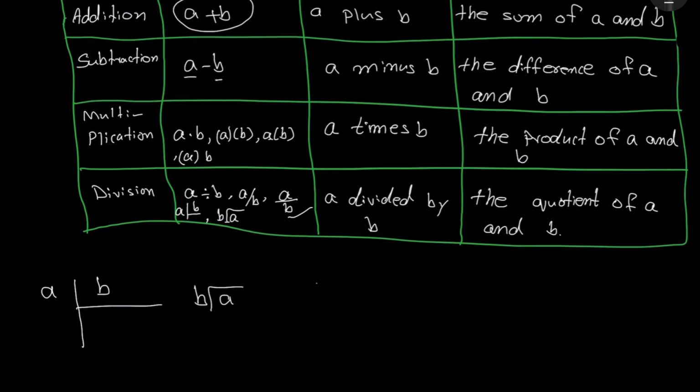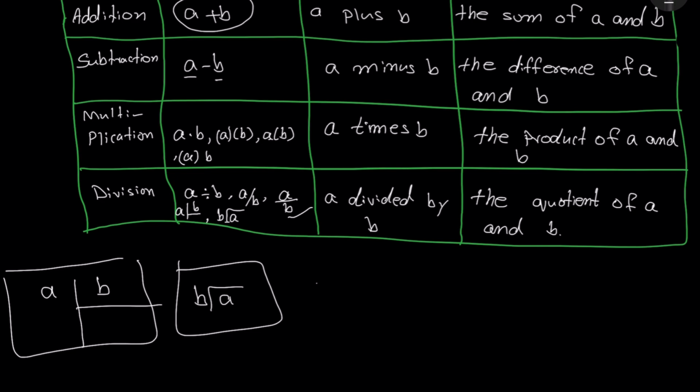It's a different way to do it, but we will focus on this one, and we might try to learn the other too. We say A divided by B, and the result is the quotient of A and B.